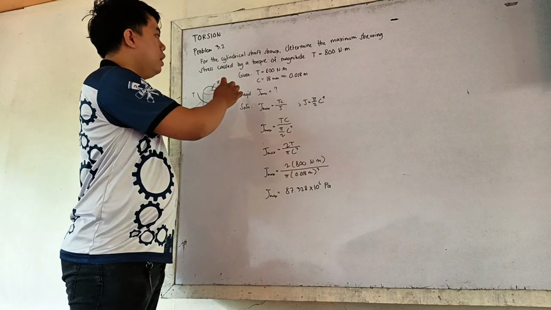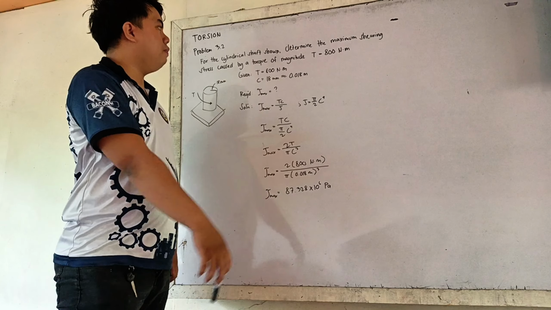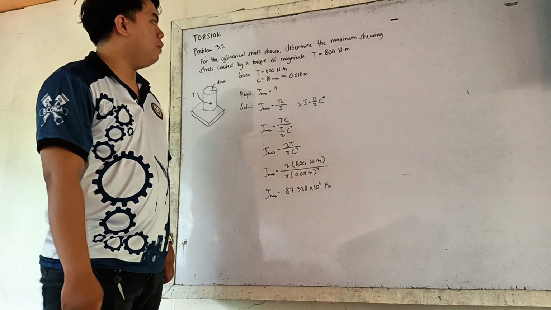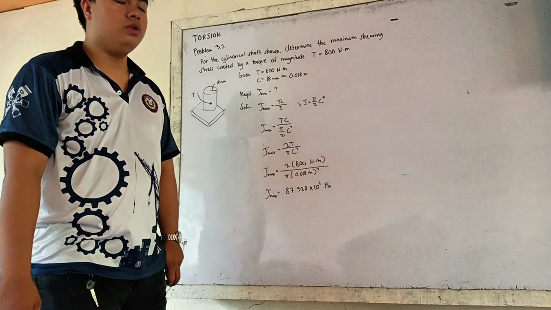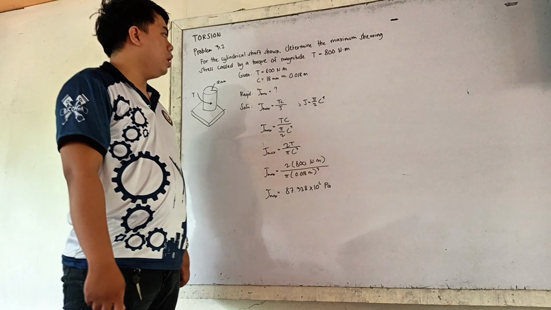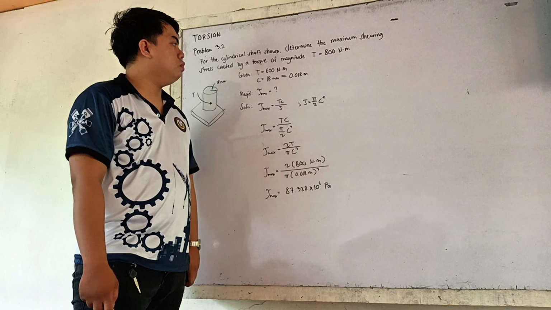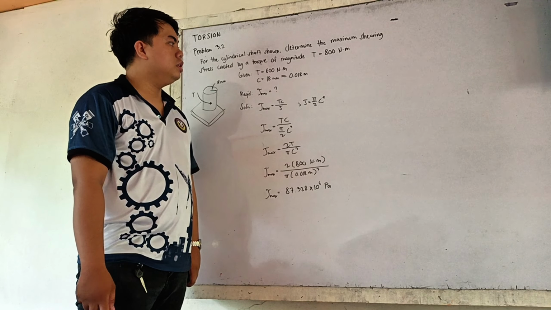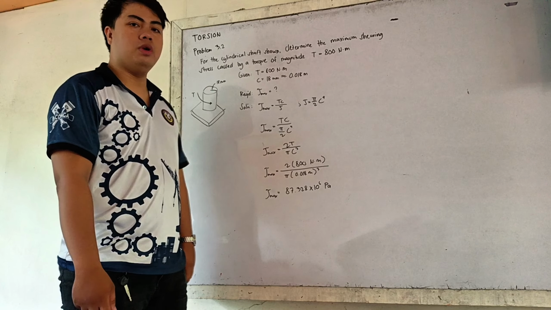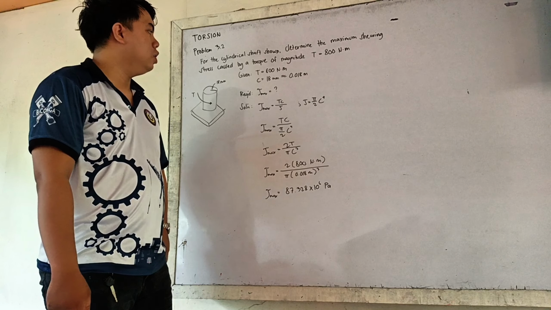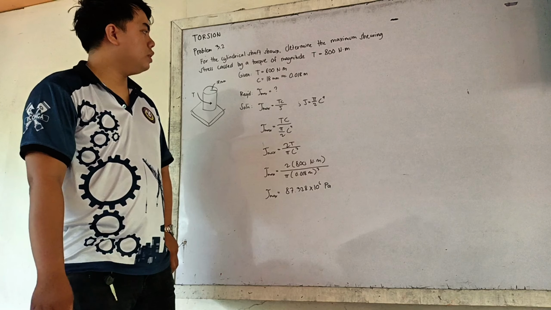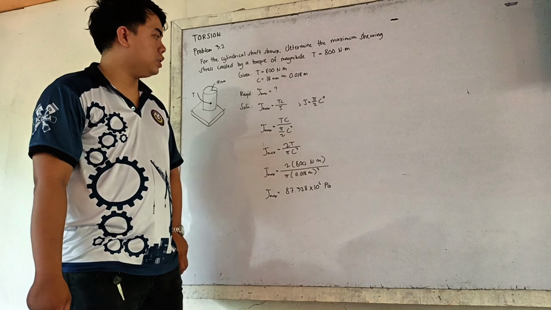So our given is the torque T of 800 Newton meter, and C is equal to 18 mm or 0.018 meters. So we are required to solve for the maximum shearing stress.